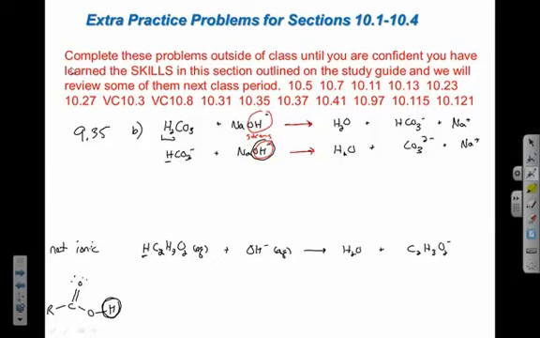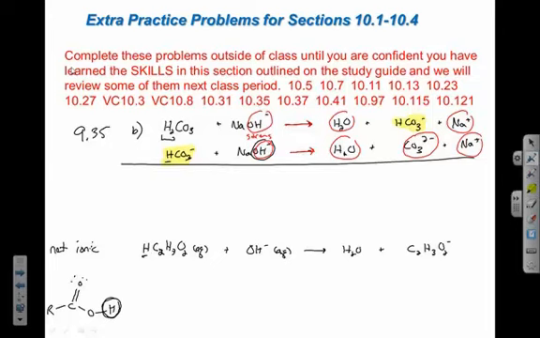So my products are two waters, a CO3 2 minus, and two Na pluses. So I am also producing this HCO3 minus, but then that goes away in the second step. And since everything is shifting to the right, the second reaction pulls the HCO3 minus and reacts it completely because of the OH minus being so strong.